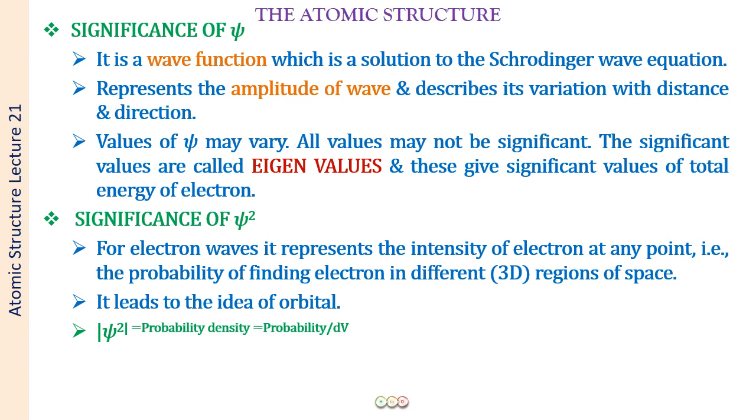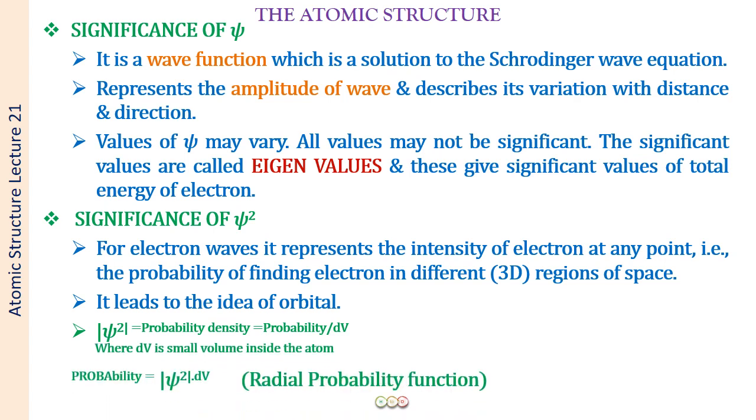Okay, so this gives us the probability in a small volume. And probability you can say is psi square into dV, and this is known as the radial probability function.